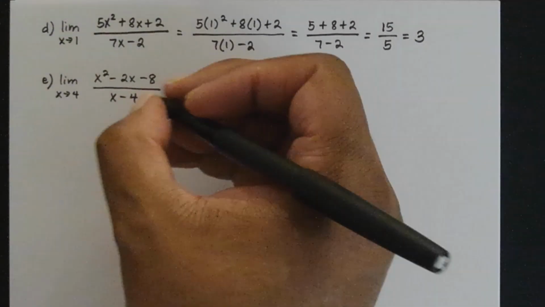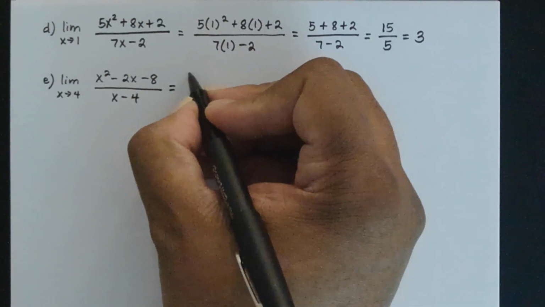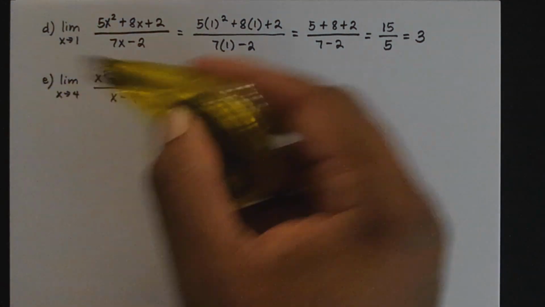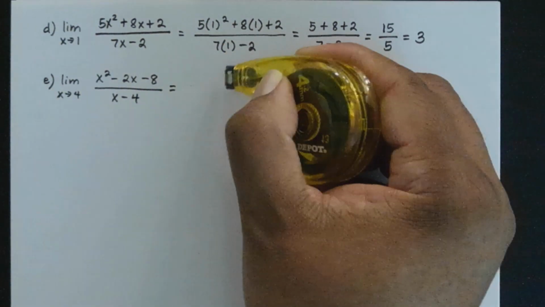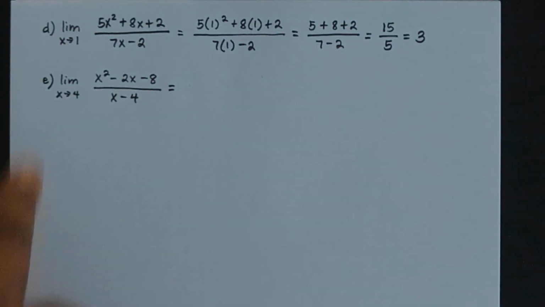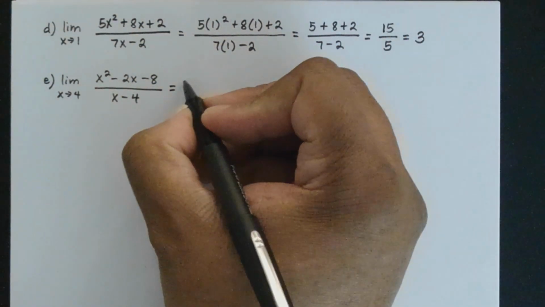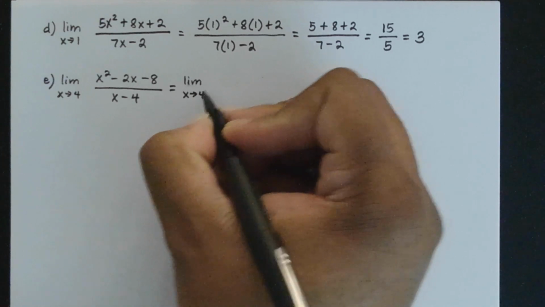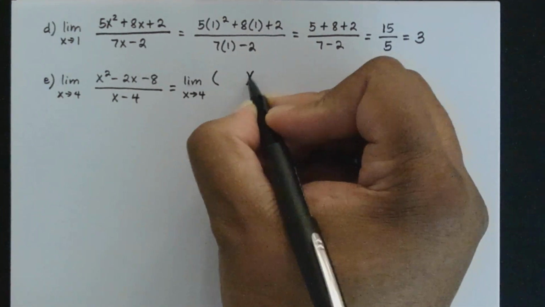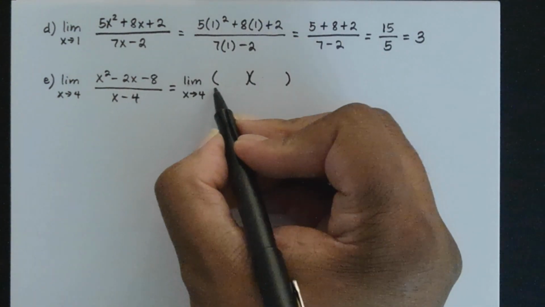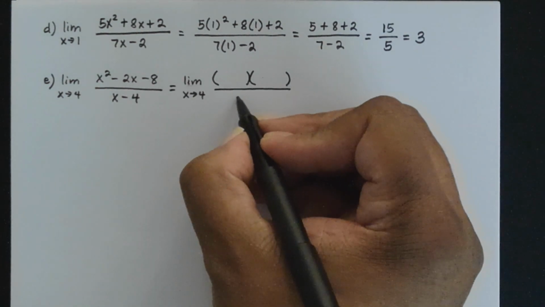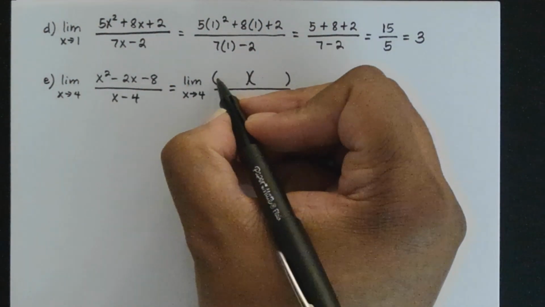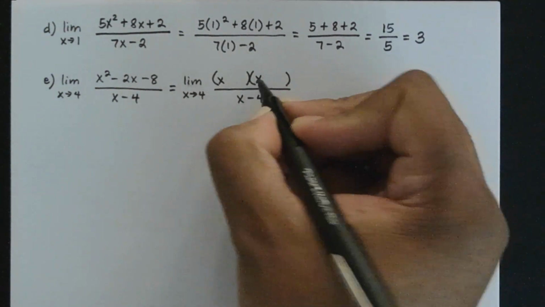Let's see if I can factor x squared minus 2x minus 8 into two binomials. But before I do that, I need to bring this notation over: the limit as x approaches 4. And then we can see if we can factor the numerator into two binomials. Well, that x squared breaks up as x and x.